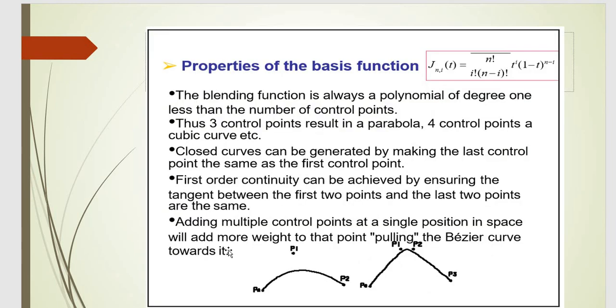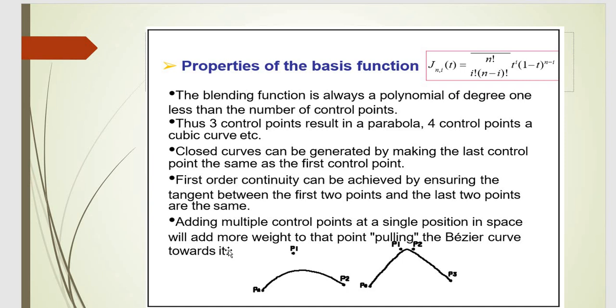Now we will see the properties of a Bezier curve. They always pass through the first and the last control point. They are always in the convex hull of the defining control points. The degree of the polynomial defining the curve segment is 1 less than the number of defining control points.